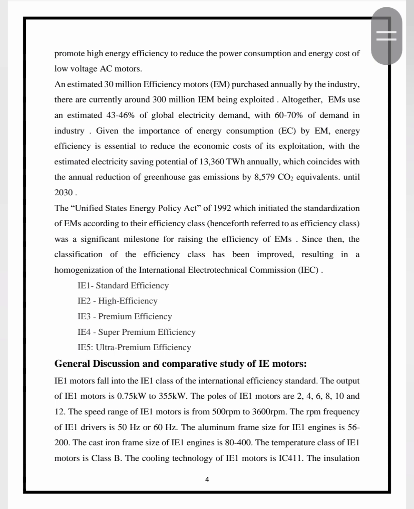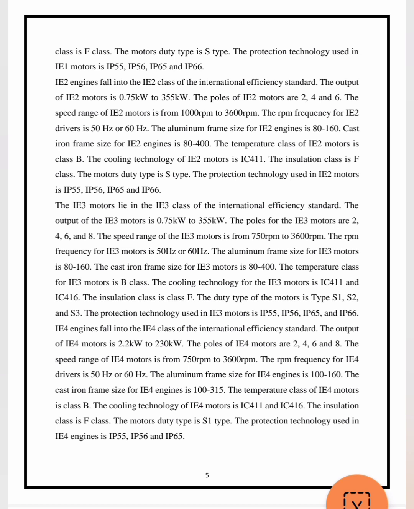The cooling technology of international efficiency class 1 motor is IC411. Its insulation class is F class, while the temperature class is class B. The motor duty type is S type. The protection technology used in IE1 motor is IP55, IP56, IP65 and IP66.